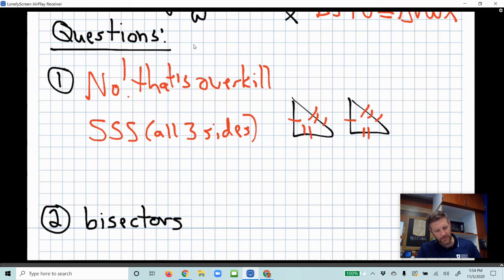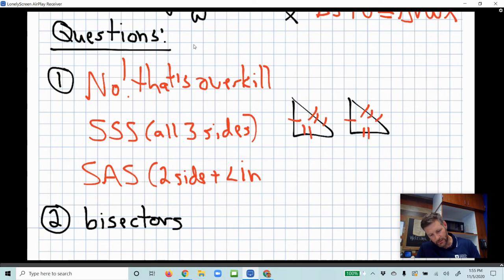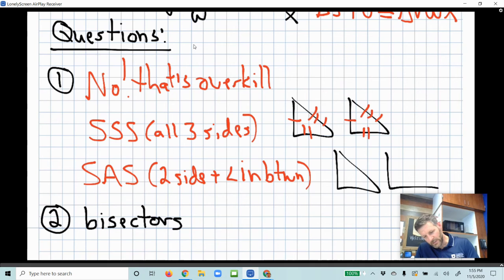Or if I know side, angle, side, two sides plus the angle in between, then that looks something like this. So you only really need three pieces of information. So the two sides and then the angle in between. So either of those, that's enough information to prove congruent triangles.